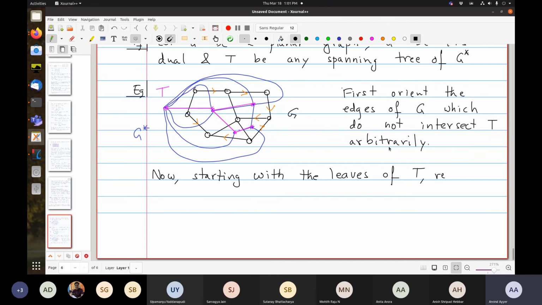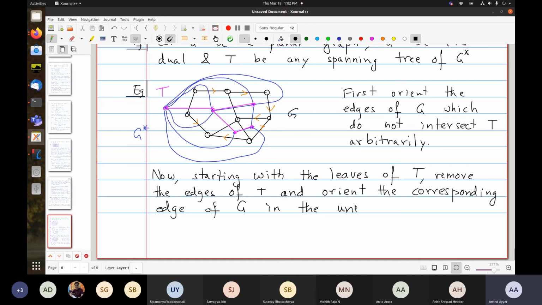Now the point is to start from the leaves of T. So this at the beginning. Remove the edges of T. So you start with the leaf, remove the edge, and orient the corresponding edge of G in the unique way to satisfy the clockwise order.